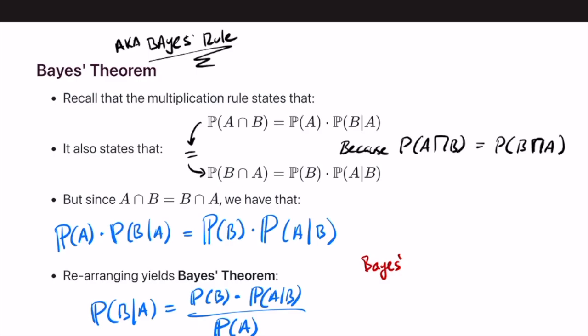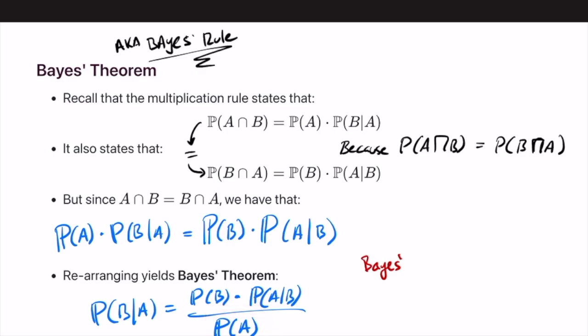So we will usually have this information, and we'll usually also have this information. But what we don't often have is the probability of A. That's the thing we're often missing from these kind of questions.